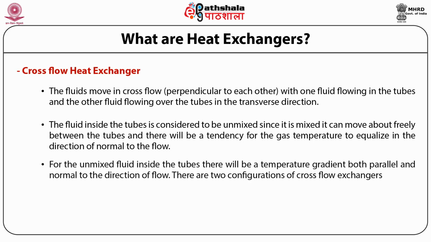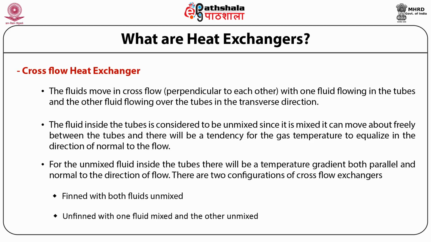For the unmixed fluid inside the tubes, there will be a temperature gradient both parallel and normal to the direction of flow. There are two configurations of cross flow exchangers. Number 1, finned with both fluids unmixed. Number 2, unfinned with one fluid mixed and the other unmixed.